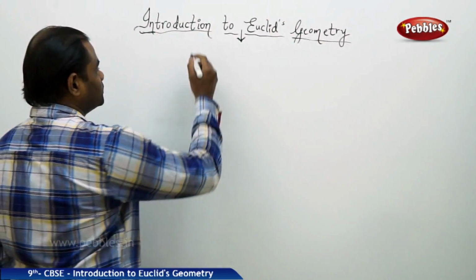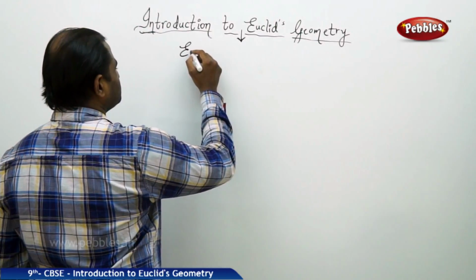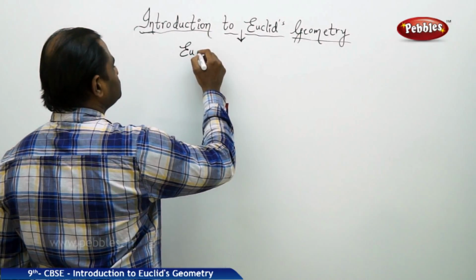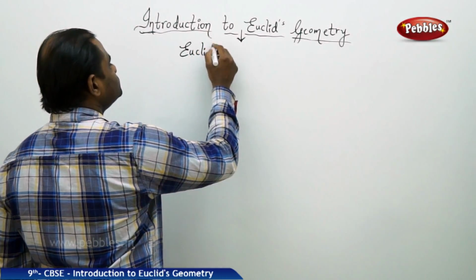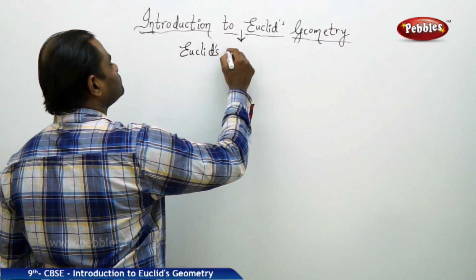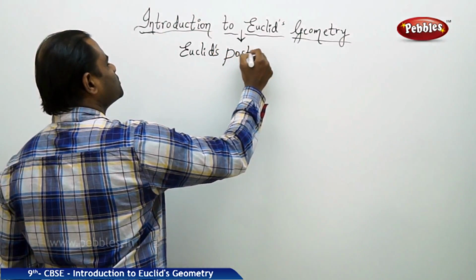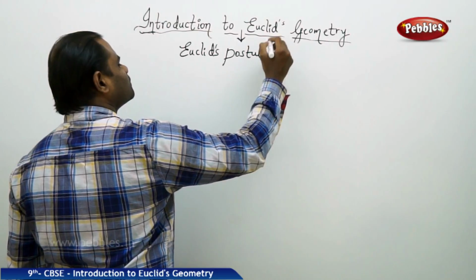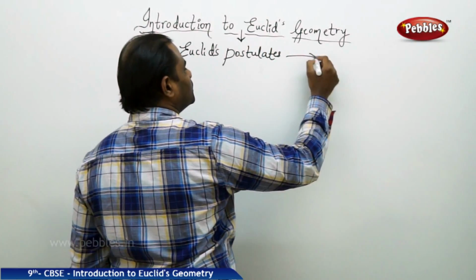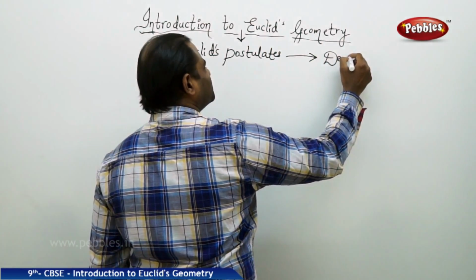Let's see the property. To start with, Euclid's postulates are helpful in deriving a theorem.